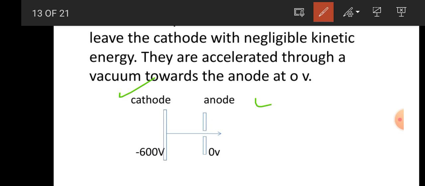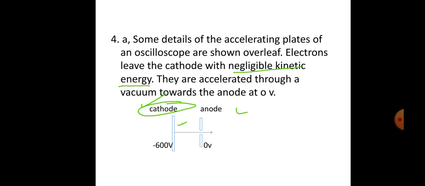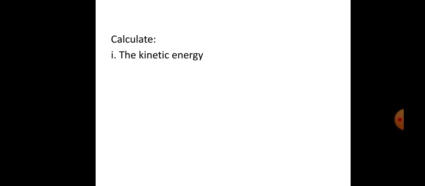Initially, as soon as it is emitted from the cathode, it has negligible kinetic energy, a small kinetic energy. So what we are asked here is to calculate the kinetic energy.